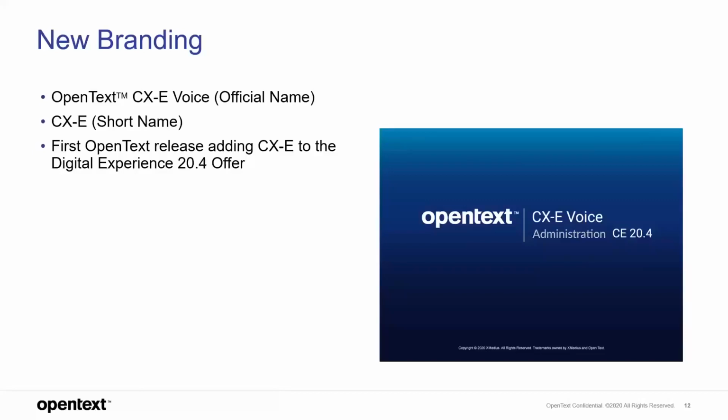However, OpenText has a standard procedure for versioning that indicates the year the product was released, as well as the quarter. So 20.4 means it was released in 2020 in quarter number 4. Next year we release something in April, and that'll be the 21.2 release.